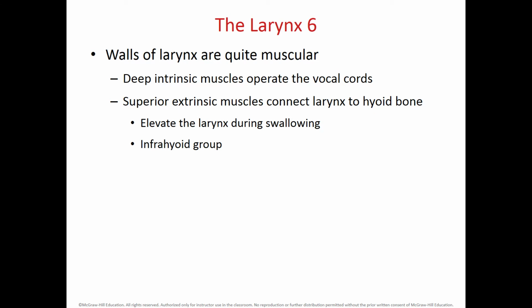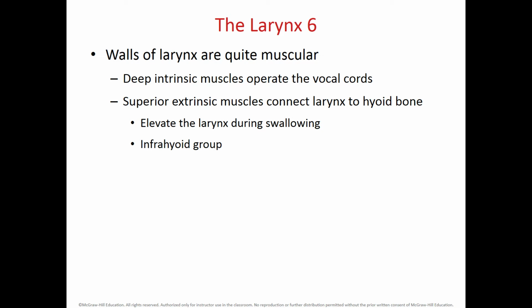The sides of the larynx and posteriorly are covered by very strong muscles, called the intrinsic muscles, and they help to operate the vocal cords, which are also called true because they will produce voice. Above the true vocal cords, we have the false vocal cords or vestibular folds that don't produce voice.